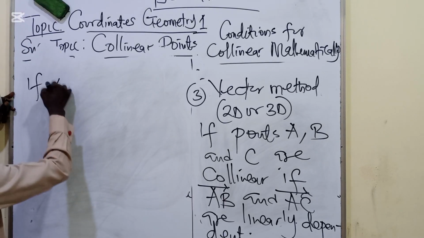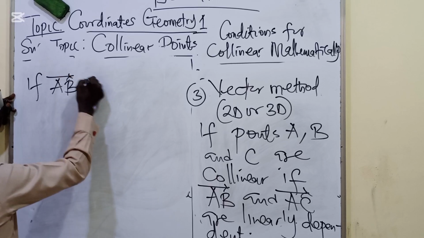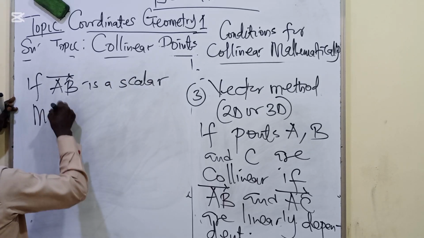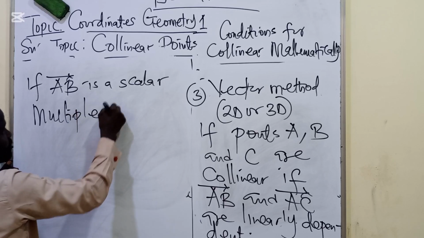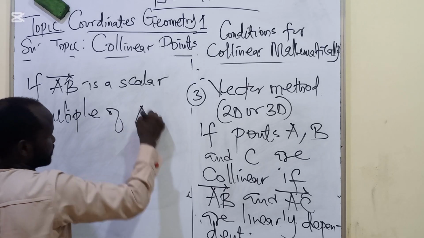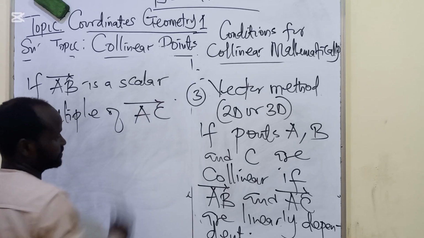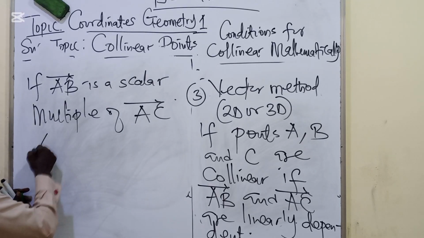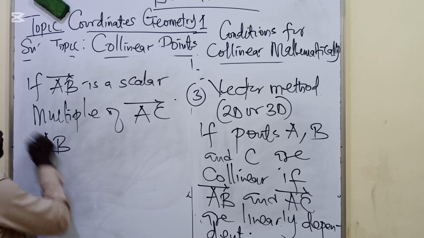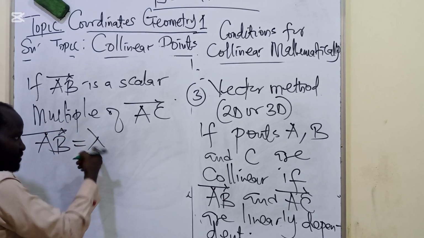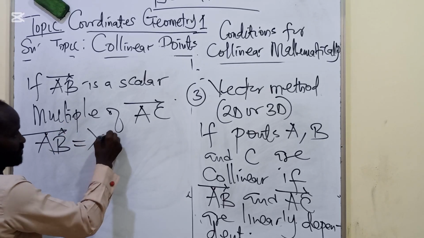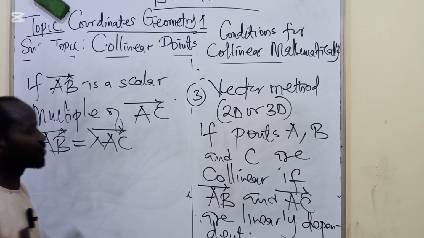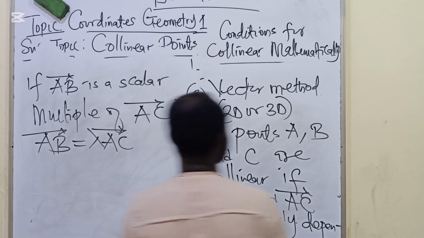If vector AB is a scalar multiple of vector AC, then we say that the vectors are collinear. What does that mean? It means if vector AB is a scalar multiple of vector AC, then we say that these vectors are collinear. Very important.